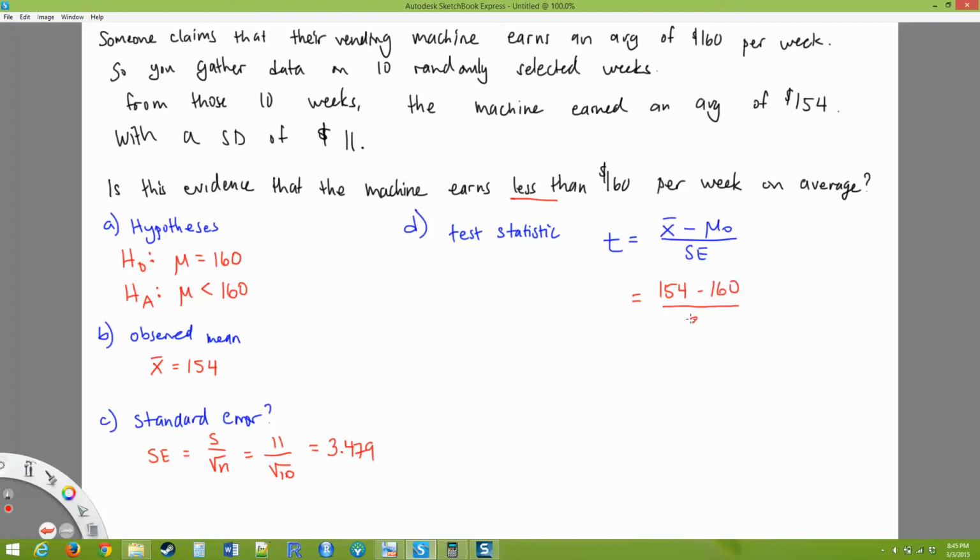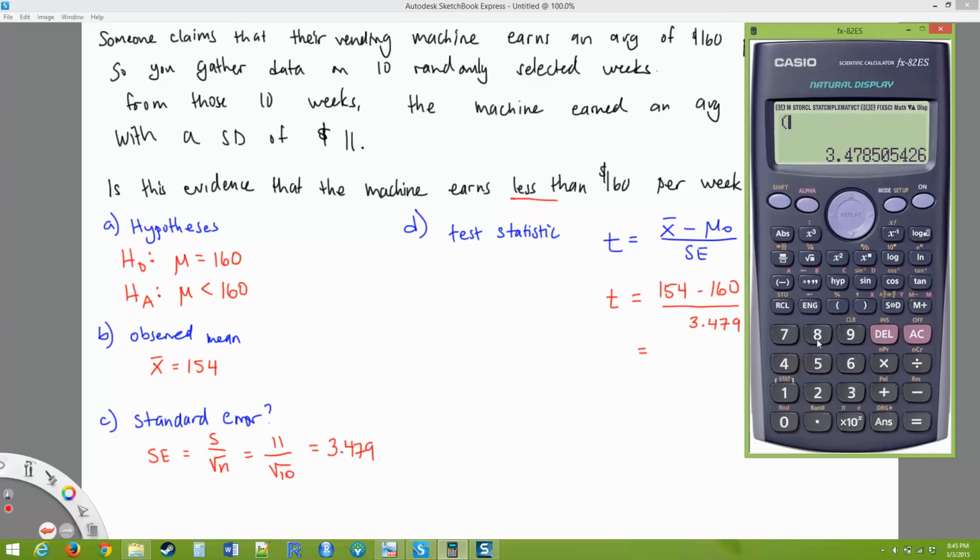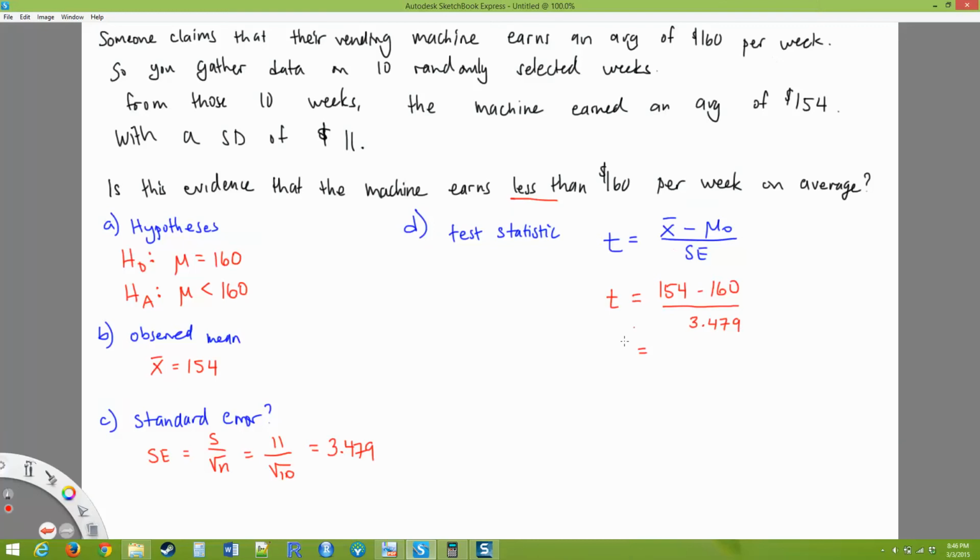Standard error? 3.479. This is going to be our t. So our t is 154 minus 160 divided by the answer I have. I get negative 1.725. That's my t. Okay?